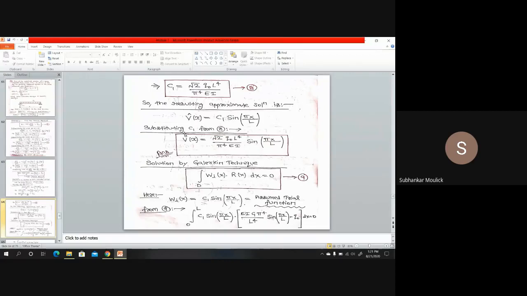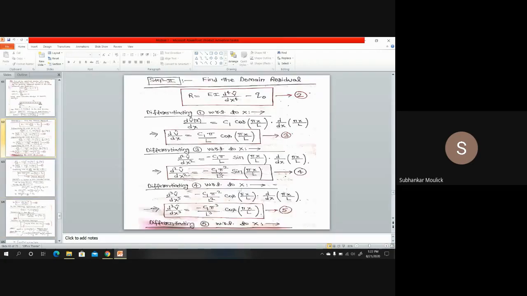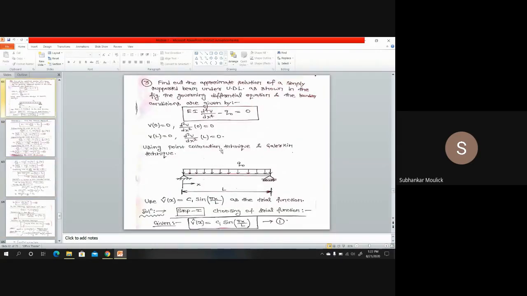After substituting, your final approximate solution for the given differential equation by the point collocation technique becomes root 2 q naught L to the power 4 upon pi to the power 4 into EI into sine of pi x by L.